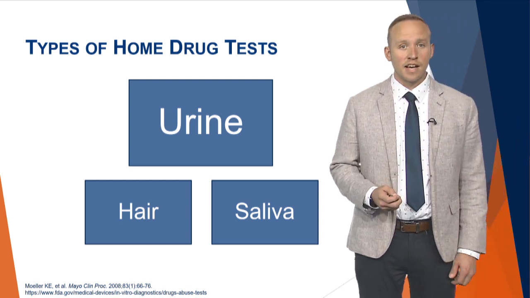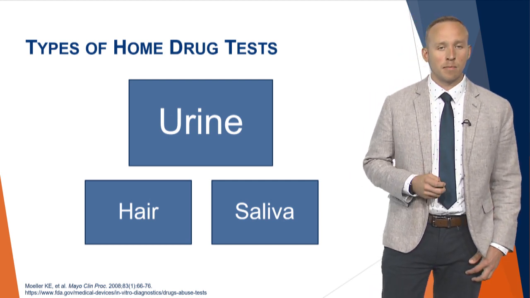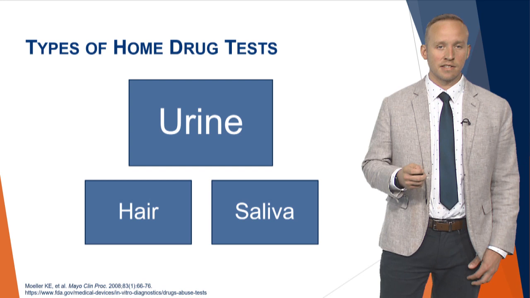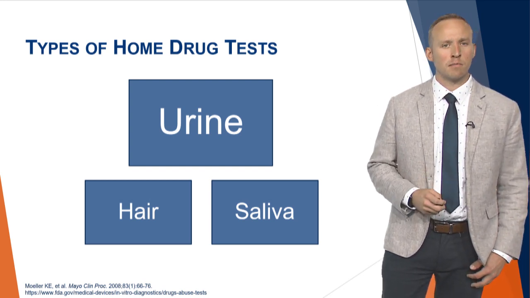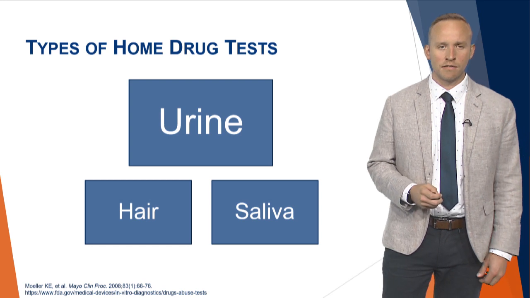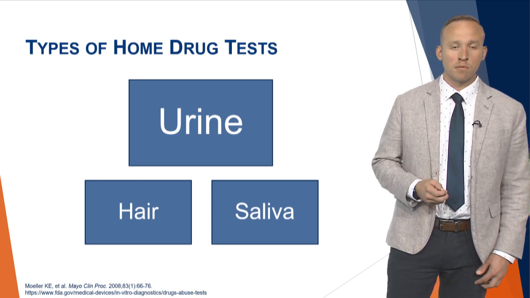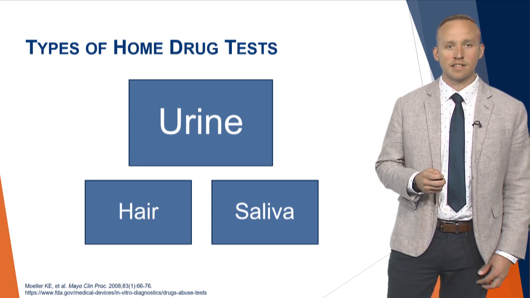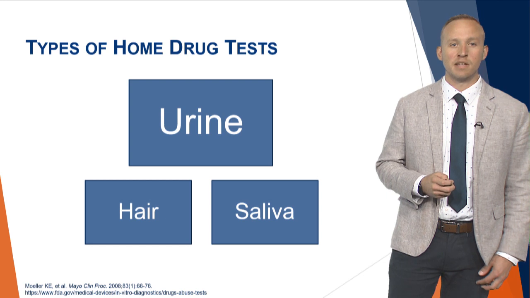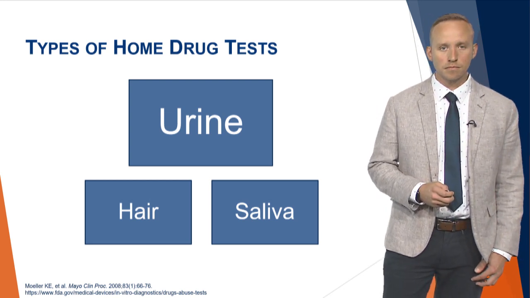Many of these tests, including the urine and hair tests, are conducted by a process known as immunoassay, which is just a screening type of test that is very prone to false positives and false negatives, as well as misinterpretation. So many of these kits come with an already labeled, postmarked test that can be sent to a lab for confirmatory positive results.